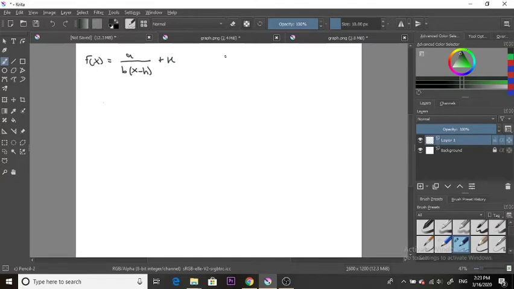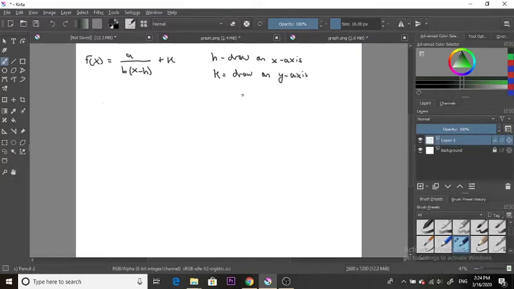So you have your asymptotes at h and k, and you would draw that h asymptote on the x-axis. So you would mark it on your x-axis, and then the k would be you draw it on the y-axis.